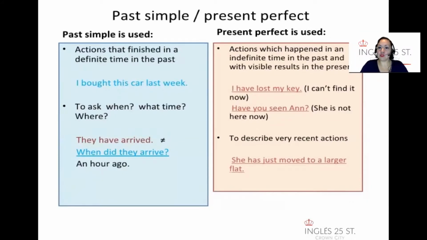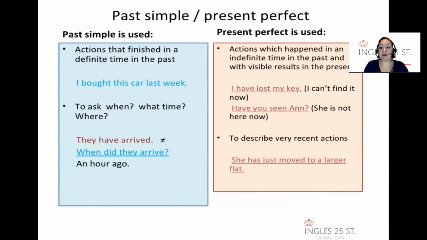So we use present perfect for actions which happen in an indefinite time in the past. Maybe this morning I have lost my key and I can't find it. It is something that happened in the past, but it still has results in the present. Have you seen Anne?